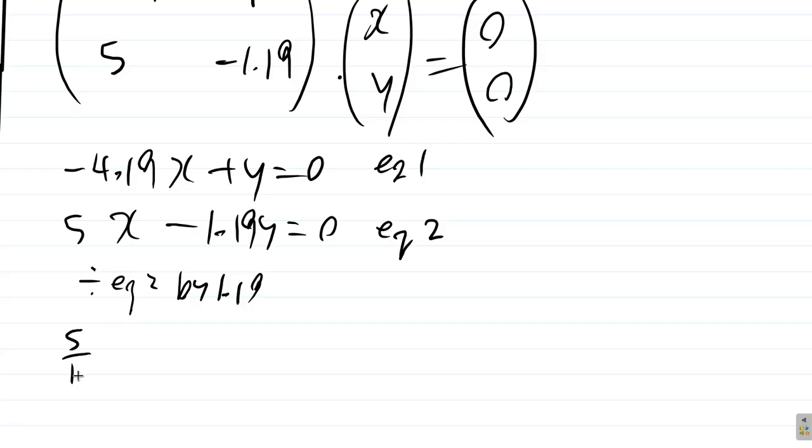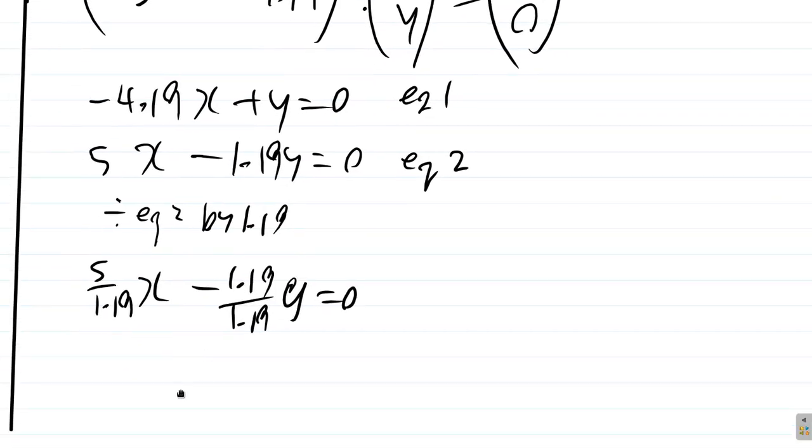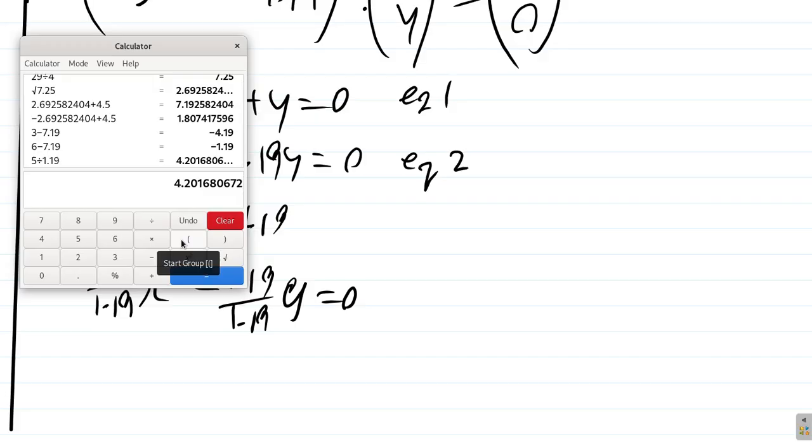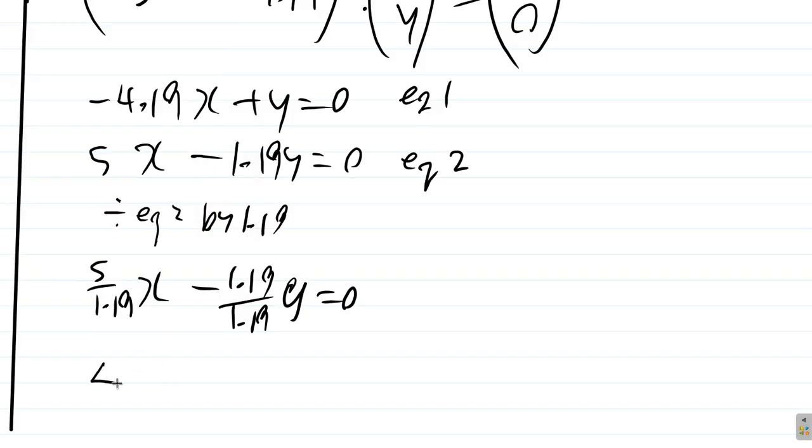This will be 5 over 1.19 x minus 1.19 over 1.19 y equals 0. So 5 over 1.19 equals 4.2, giving us 4.2x minus y equals 0.